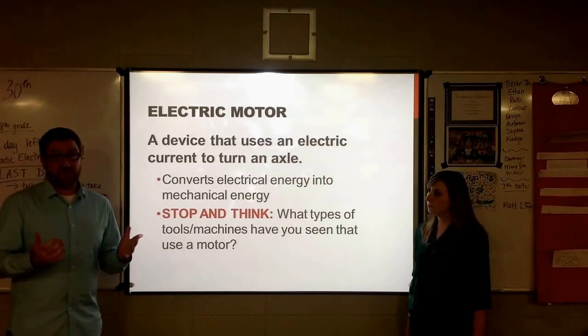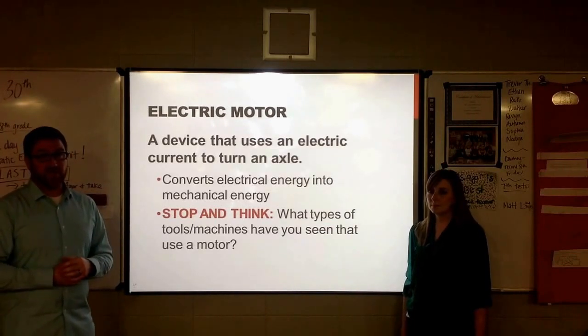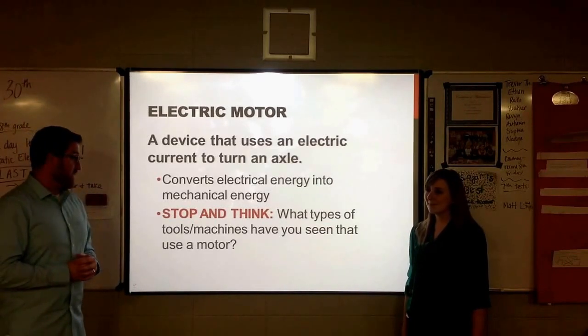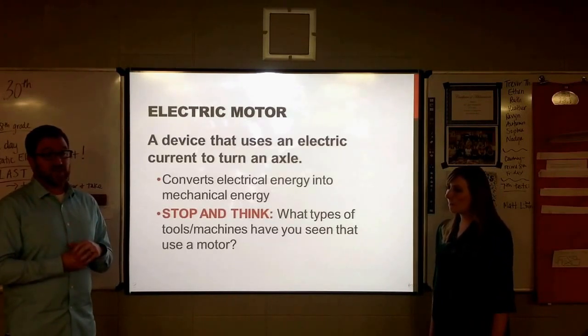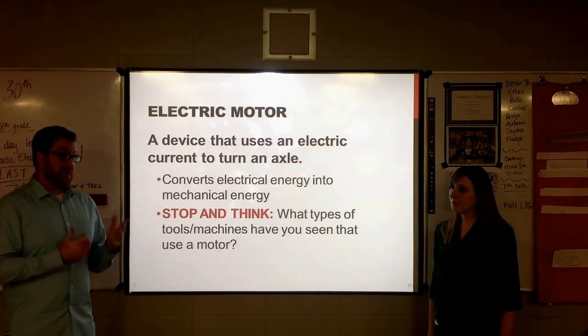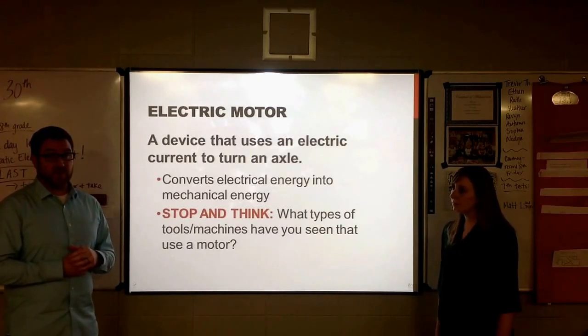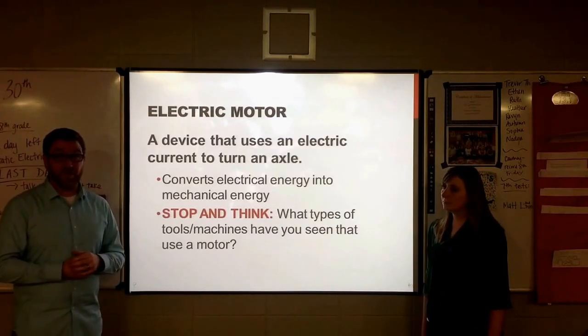Why don't you take a sec, pause the video right now, and see how many ideas you can come up with. Me personally, one of the outstanding examples that I can think of is a ceiling fan, as something that utilizes a motor. Another thing that utilizes a motor would be a car window.